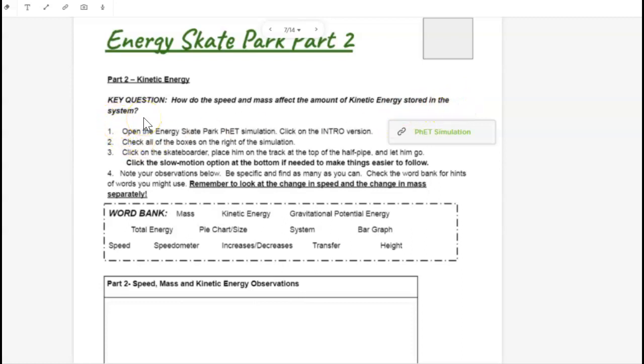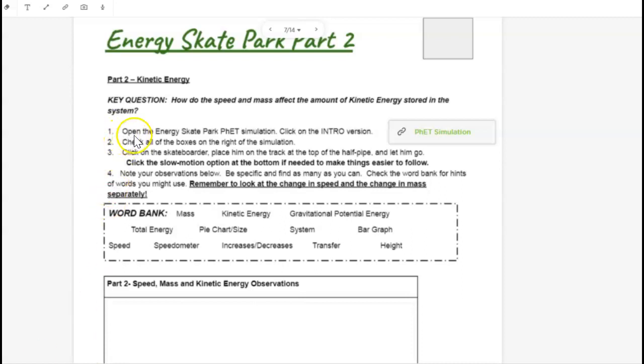When you run the simulation, pay attention to the speed and the mass, and change those two things independently, one at a time. Do the speed and then do the mass. For each of those, you want to measure how the kinetic energy stored in the system changes. All right? So let's go back to the simulation and check it out.